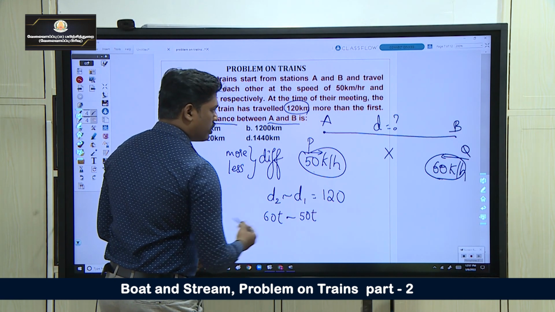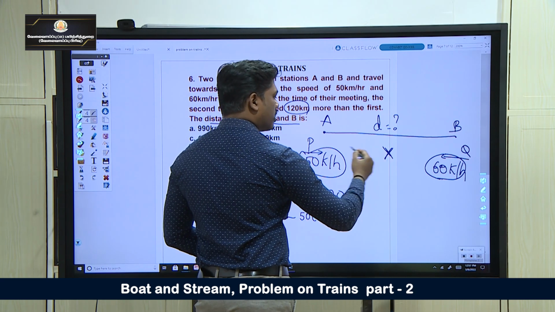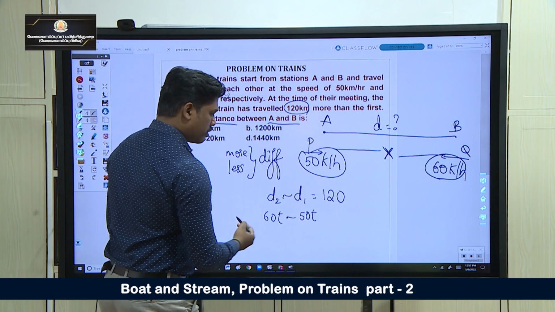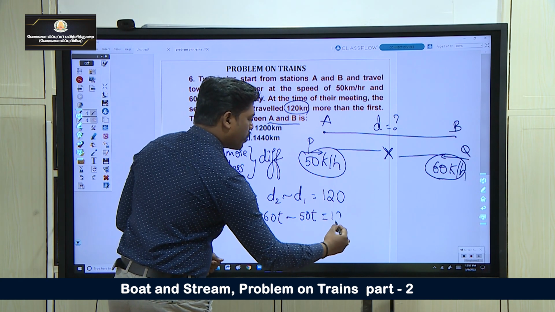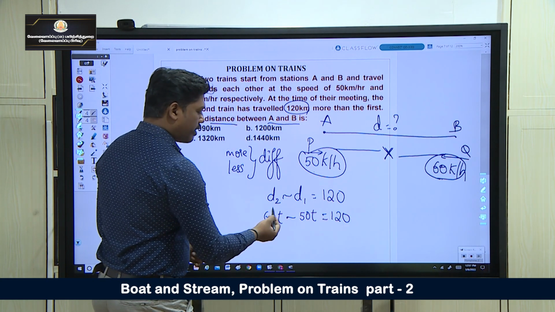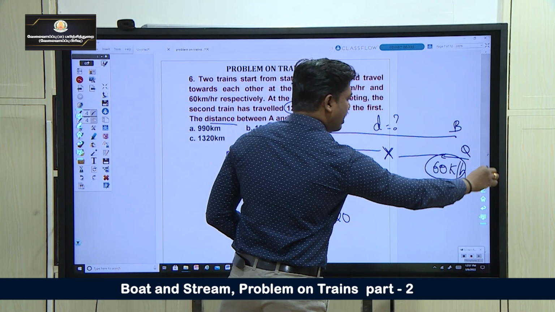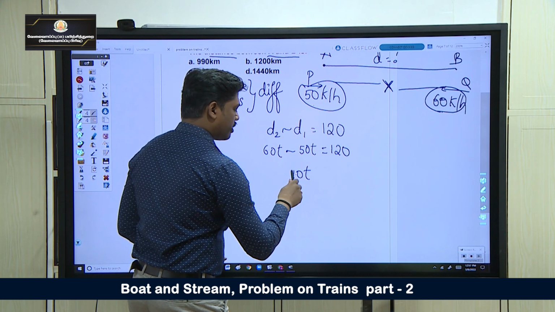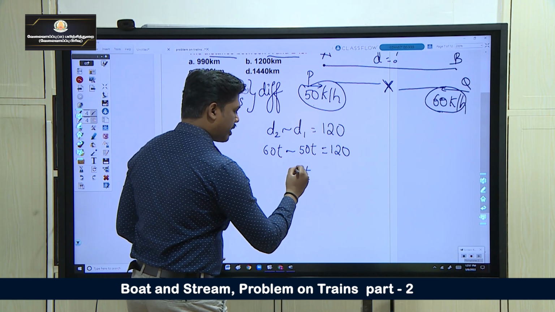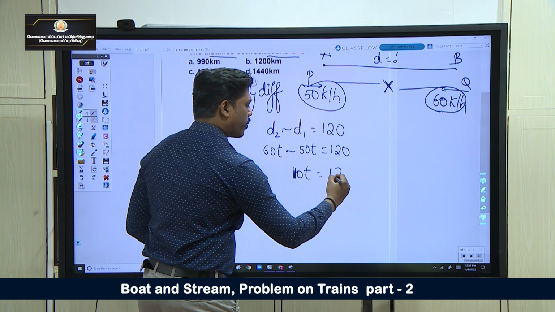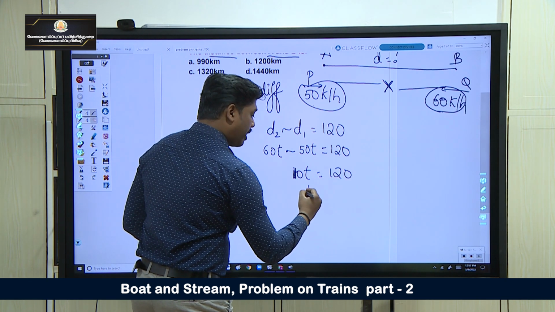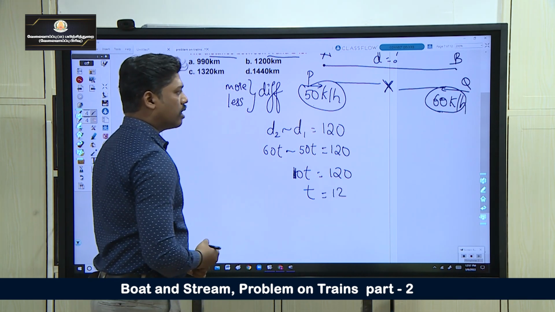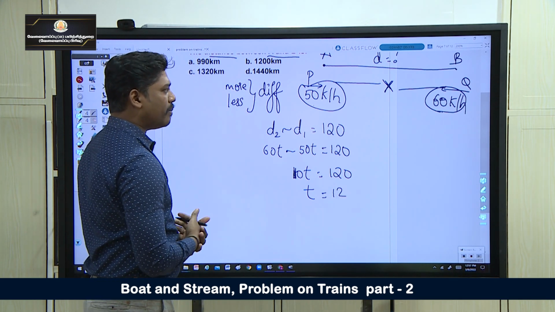At meeting, both times would be the same, and that time we have to find out. This is equal to 120. So 60 minus 50, you will be getting 10t, and 10t equal to 120. So the time taken for meeting is 12. After 12 hours they will meet.